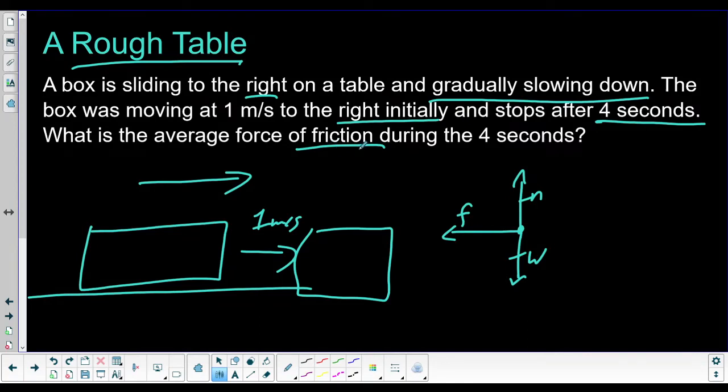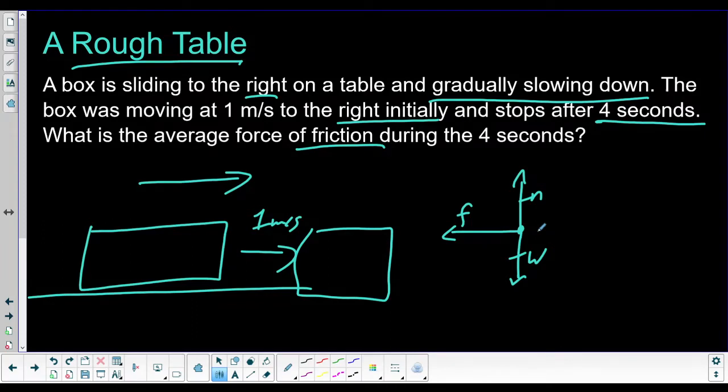Now that they've really nailed down, here's friction, it's going to slow down and stop, and they don't tell us anything about any other pushing force, we can go ahead and just assume there's not a force applied. If they wanted it to be there, they'd have to give us a name for it. They should say it's there if they want it to be there. Otherwise, it's within our rights to say, that's not there.